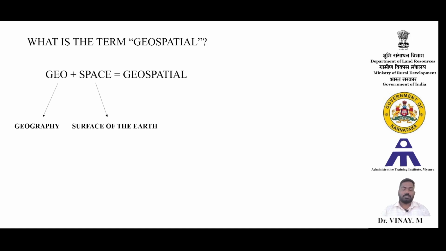The development of the coordinate system we will discuss in detail in later stages. So as I said, it is a compound word, geo plus space. Geo is nothing but geography, and space is nothing but the surface of the earth, together called geospatial. So geospatial means we are studying the surface of the earth.